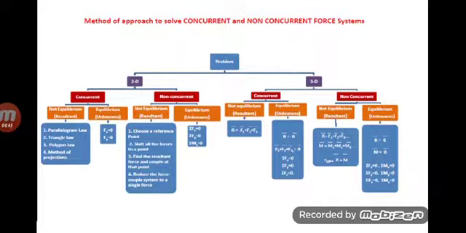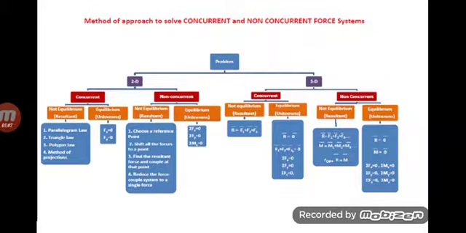Next, non-concurrent. In non-concurrent, to find the resultant, there are four steps. First step is to choose a reference point. Second, shift all the forces to that point. Third, find the resultant force and couple at that point.